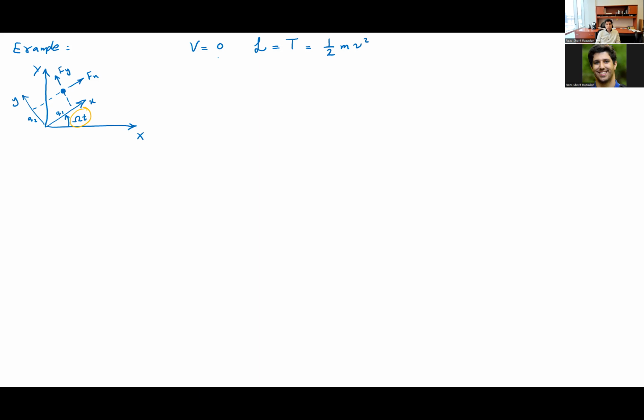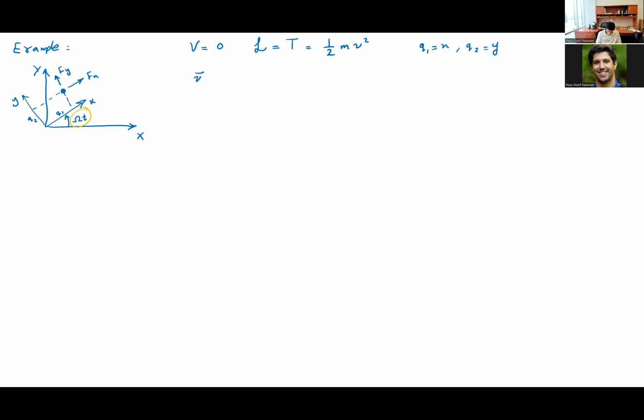We need to find the velocity in terms of the generalized coordinates q1 and q2. Let me write q1 equals x, q2 equals y, because it's easier to work with x and y rather than q1 and q2 in this example.